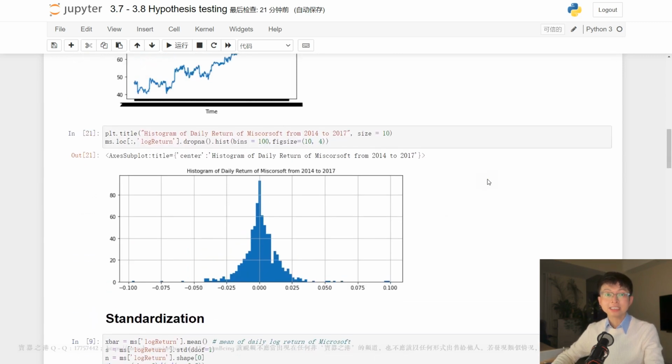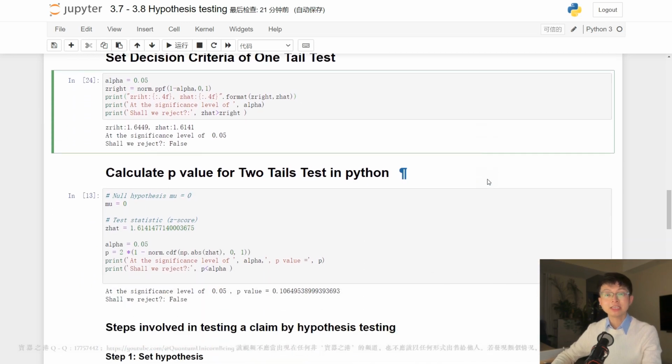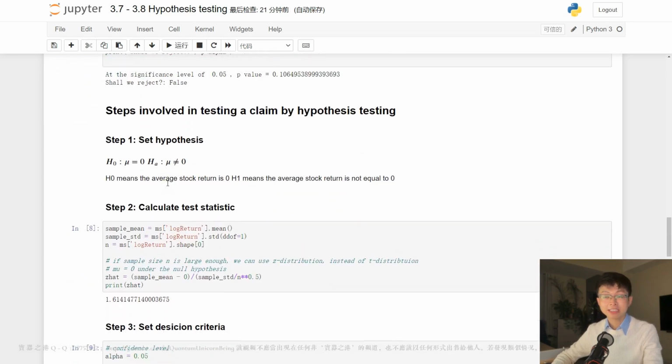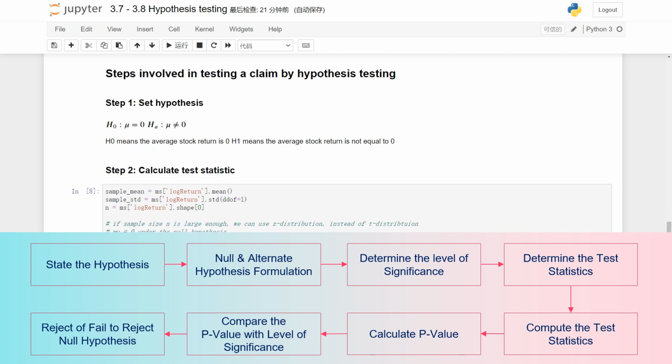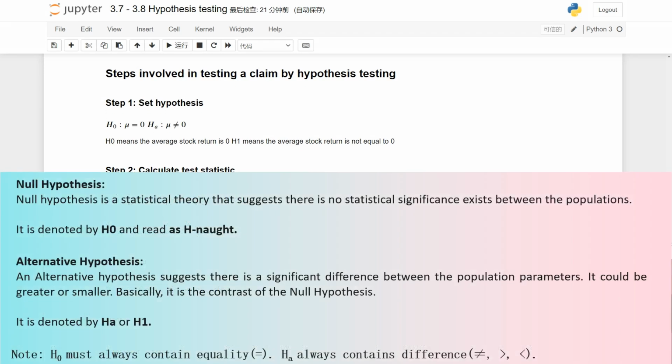The first step in hypothesis testing is to set up the hypothesis. There are two hypotheses: null hypothesis and alternative hypothesis. The null hypothesis is usually the assertion that we are against, while the alternative hypothesis is the conclusion we accept whenever we reject the null hypothesis.